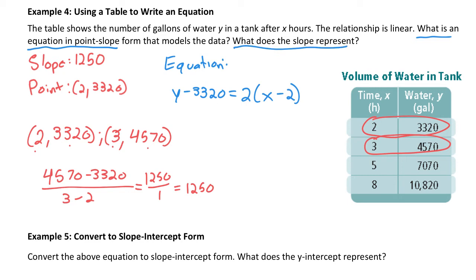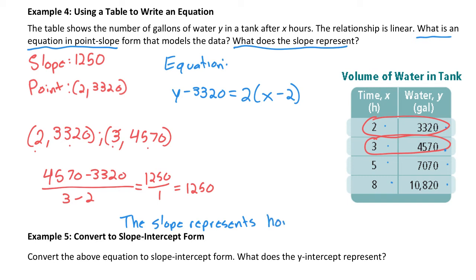Well, if we look at this table, over time, we've got to think about what's happening to the gallons of water in the tank. What's happening to the volume? Well, the volume is increasing, right? It's increasing at a certain rate. So we could say the slope represents a rate.